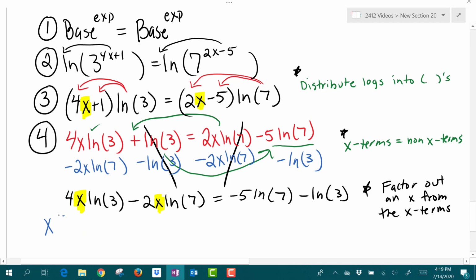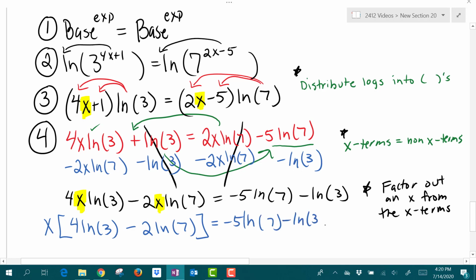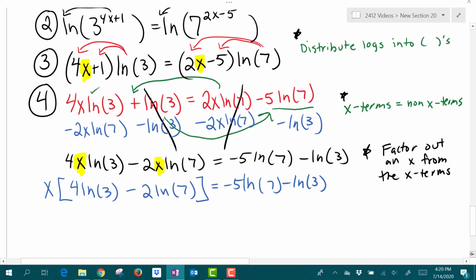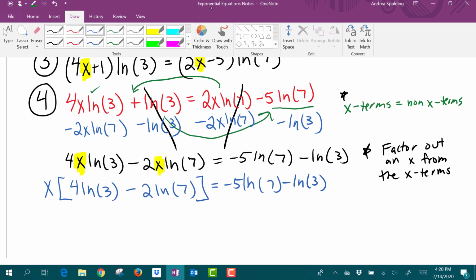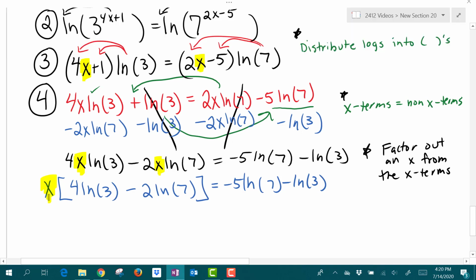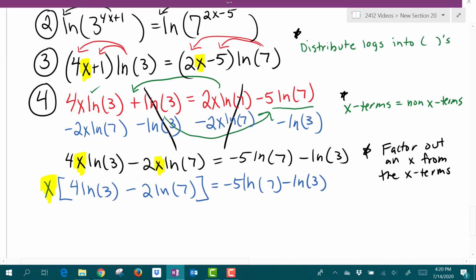Okay, when we factor it out, what do we have left over? We'll have 4 times the natural log of 3 minus 2 times the natural log of 7. And the other side doesn't change. Now we have 1x, and it's on the left side, but it's not by itself.